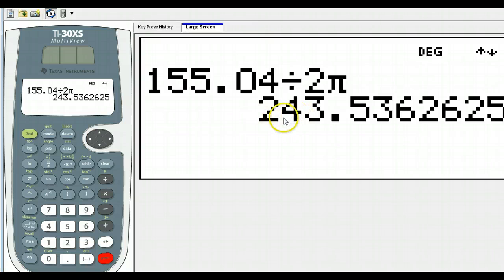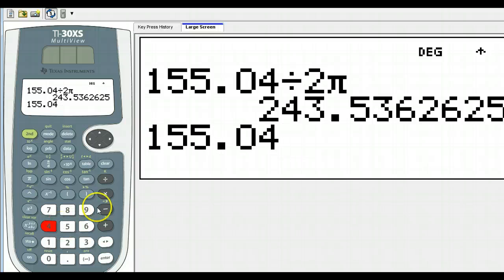The reason why you're getting a different answer is because of the order of operations. Your calculator is dividing by 2 first, and then it's multiplying by pi. And that's not what you want. You want to divide by the 2 and the pi. So if you want to do it that way, you have to type it in this way, 155.04 divided by, all that's fine.